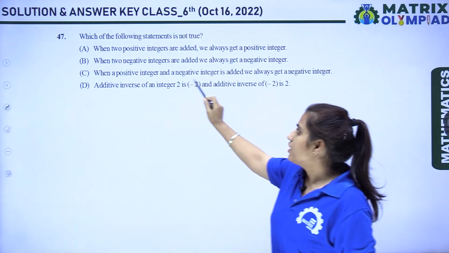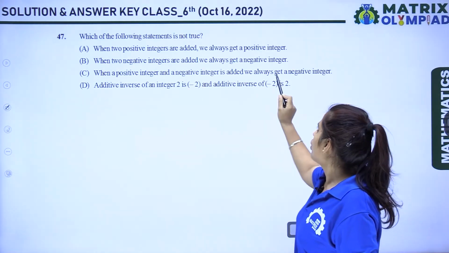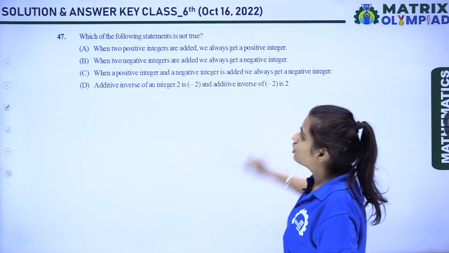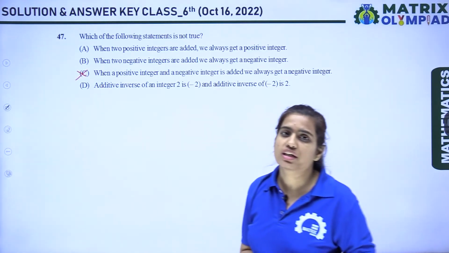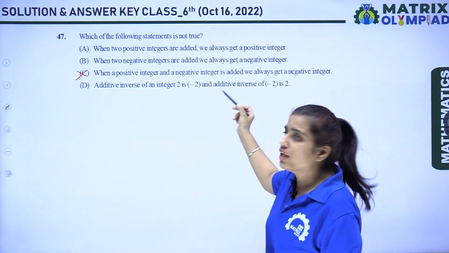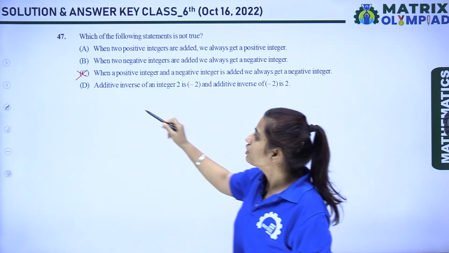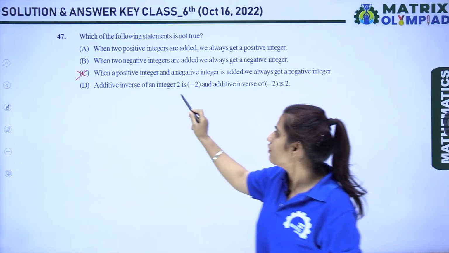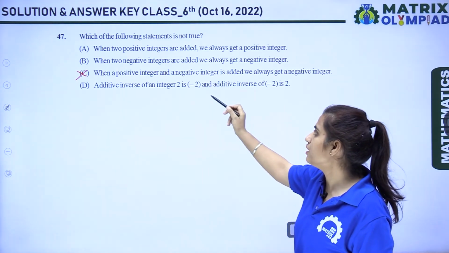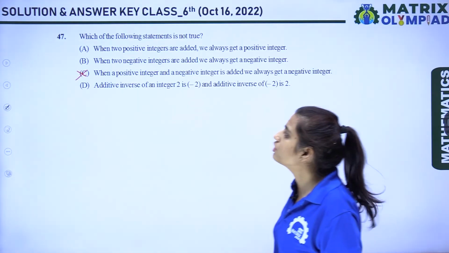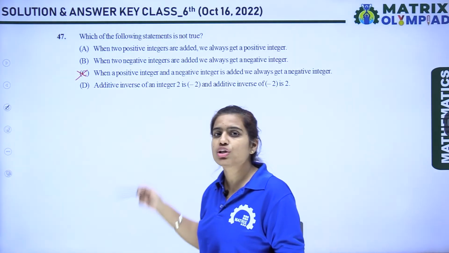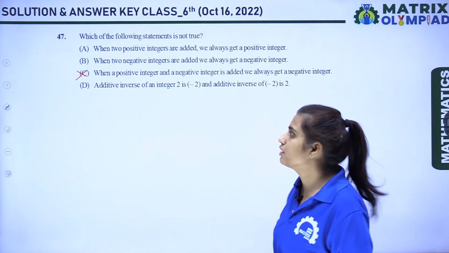When a positive integer and a negative integer are added, we always get a negative integer. No, this is not necessary. It depends on the numbers. Now, the last option is the additive inverse of an integer 2 is -2 and the additive inverse of -2 is 2. So, option D is also correct. So, option C is incorrect.